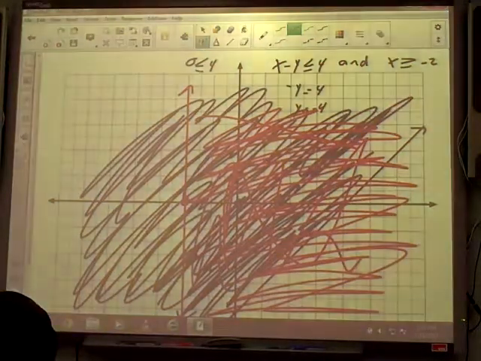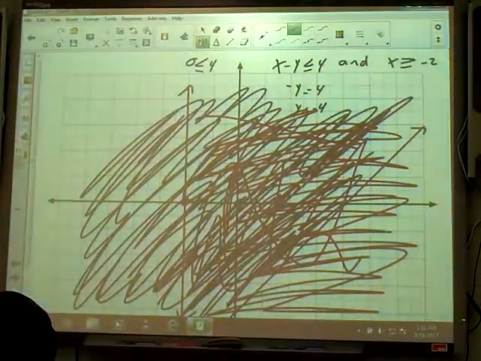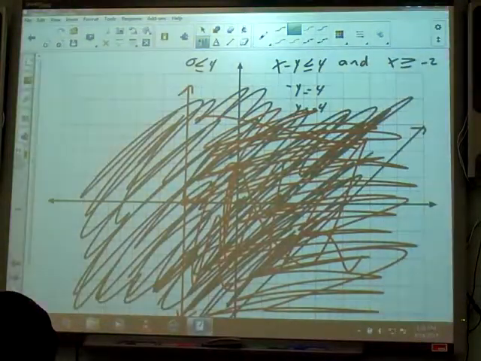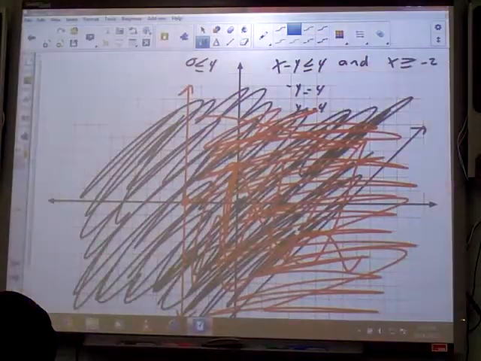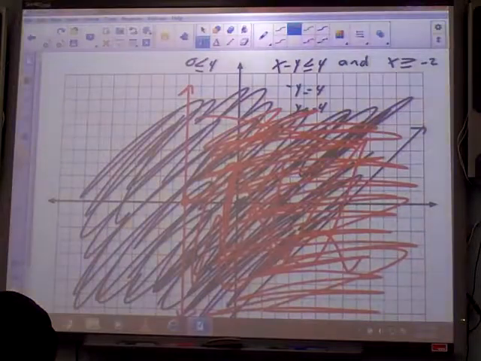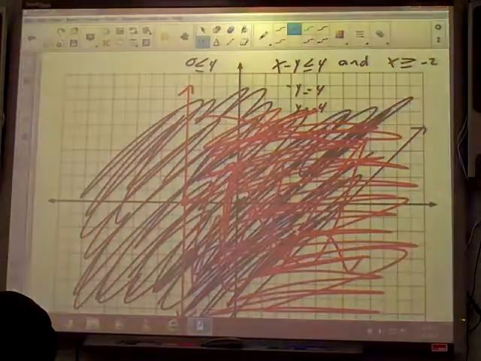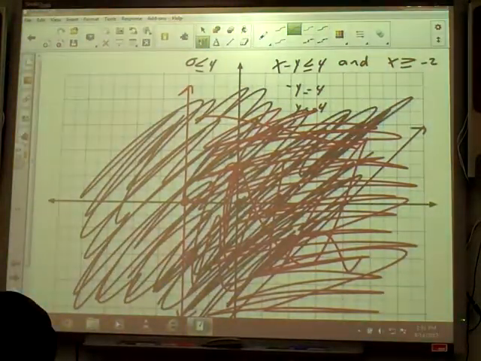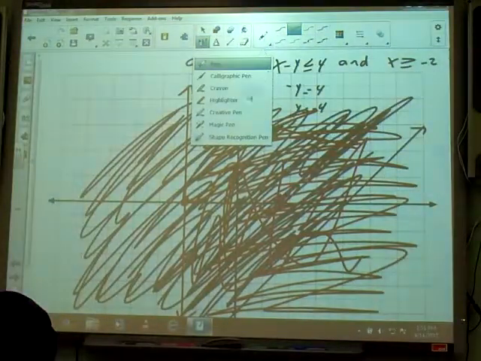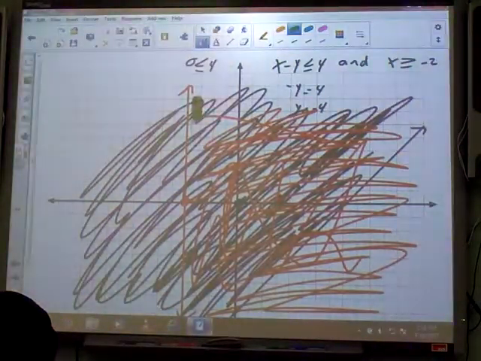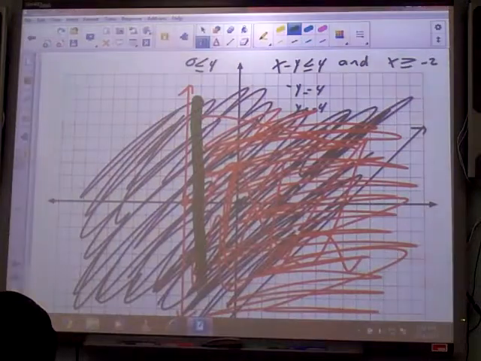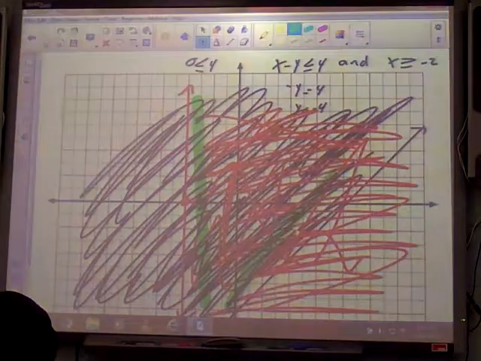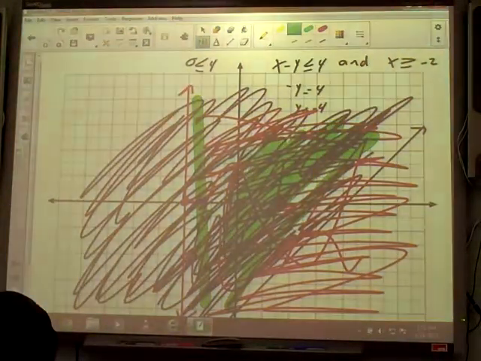Now my answer, this was an and, and I told you that was important when we wrote it. Since it's an and, it means an intersection. So my answer is going to be every part of that graph where my black and my red overlapped. It's going to be green, everything where I have red and black, both, which makes green.